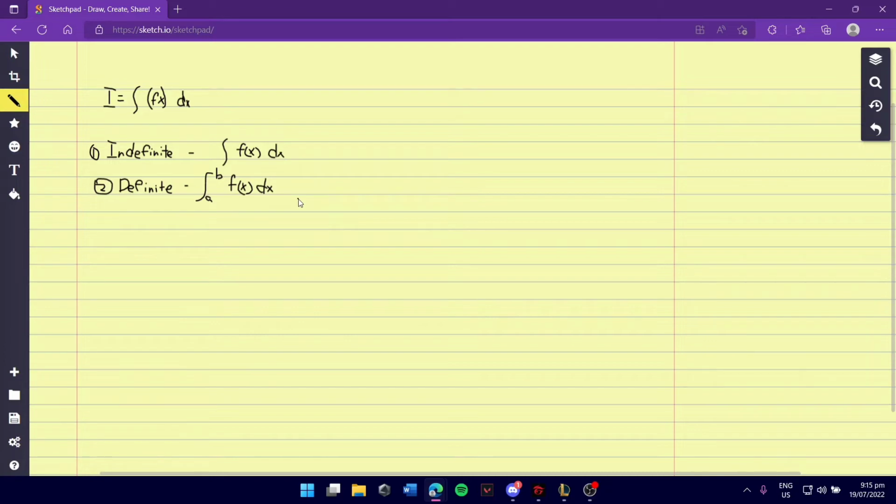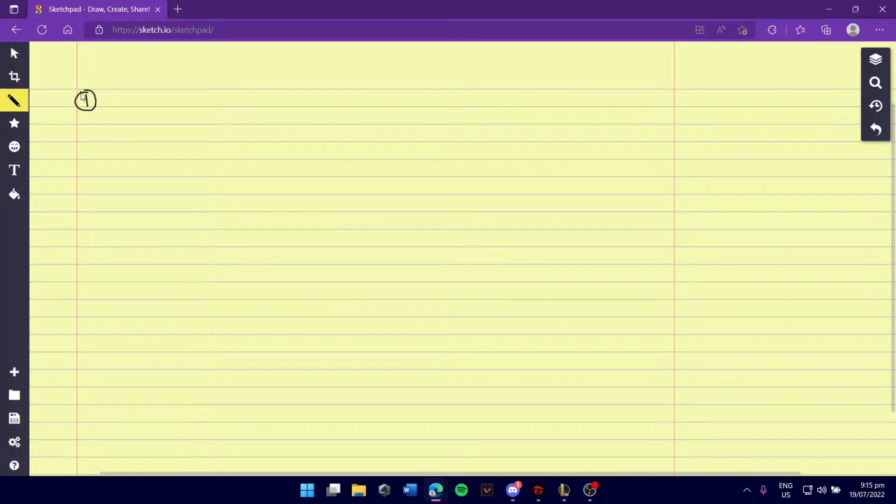So we will discuss the integral formulas under algebraic functions. First we have the integral of 0 times dx.